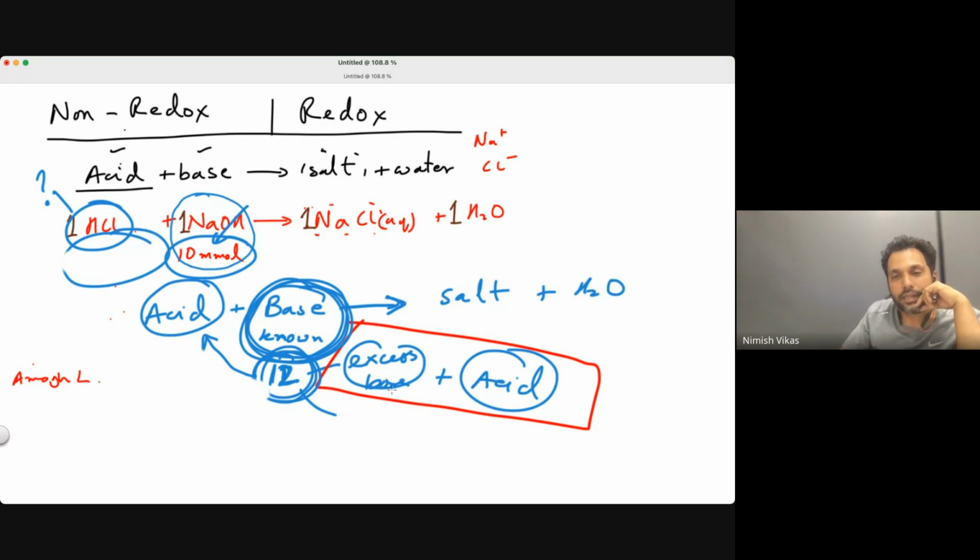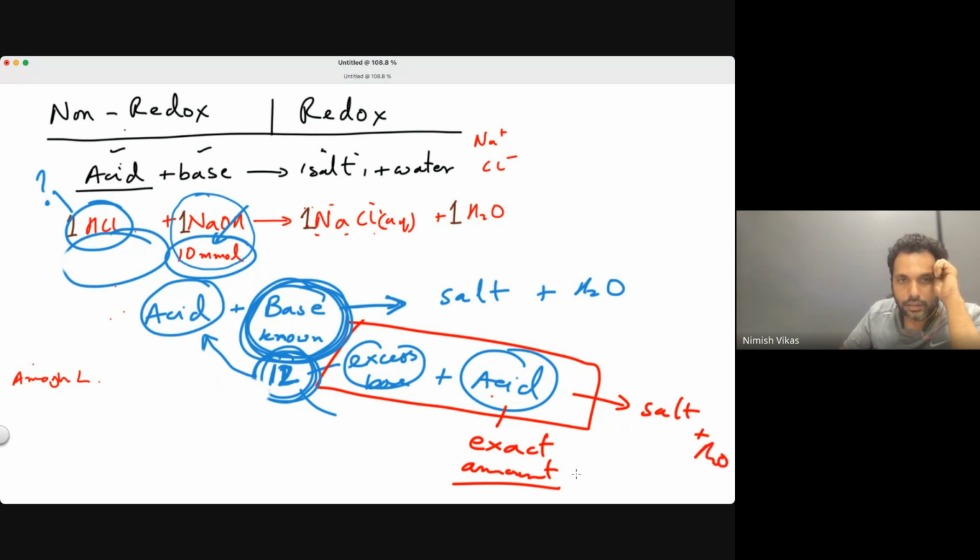This excess base is reacting with some other acid, and thankfully most of the normal-level questions would be such that at this stage they will give you the exact amount. It will create its own salt and all, which is all neutral. And now the question is to figure out how much was this.